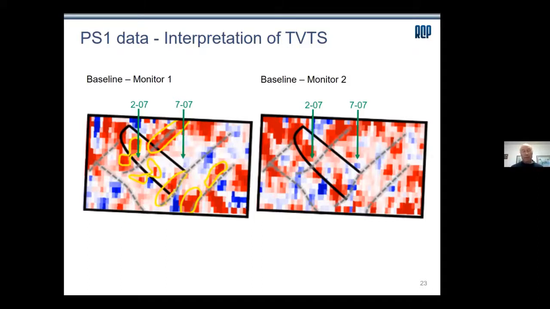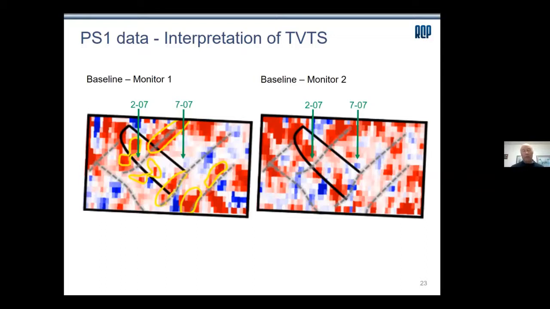So in this case, we see the baseline versus monitor 1. That's when we were fracking the 2 of 7 well. We can see that there are observed changes, higher velocities or positive time shifts in certain locations near the wells, near the 2 of 7 well.